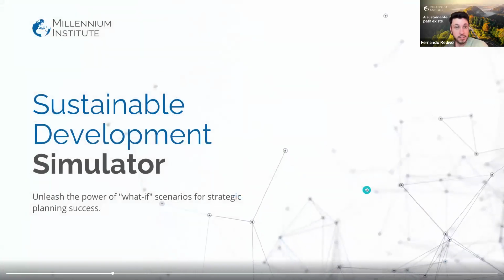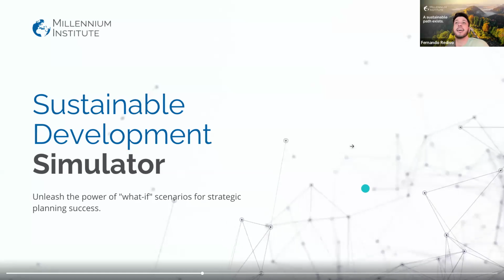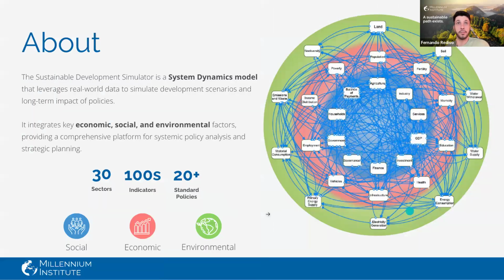So today we're talking about the Sustainable Development Simulator. If you want to learn how this works and how it's separated between the different domains, we will dig a little deeper today. To give you an overview, the simulator has hundreds of indicators. It's based on a system dynamics model, so you can simulate with real-world data and test different development scenarios and the long-term impact of different policies.